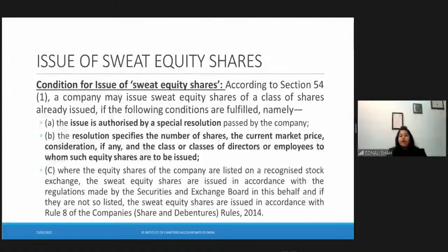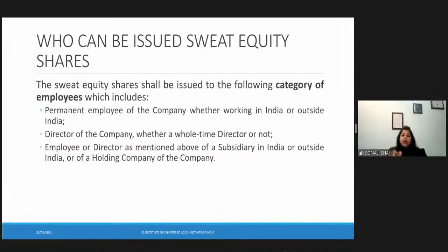Now, where the equity shares of the company are listed on a recognized stock exchange, the sweat equity shares have to be issued as per the regulations made by SEBI. And if they are not listed, the sweat equity will be issued according to Rule 8 of the Share Capital and Debenture Rules 2014.